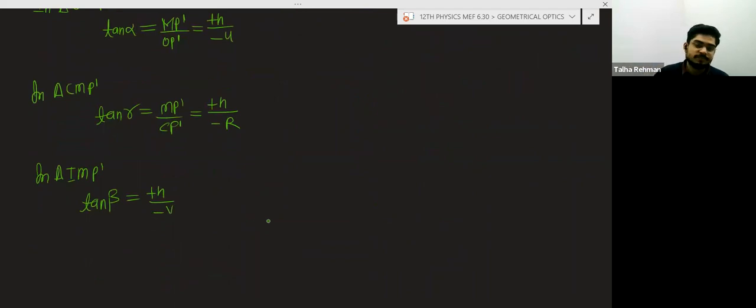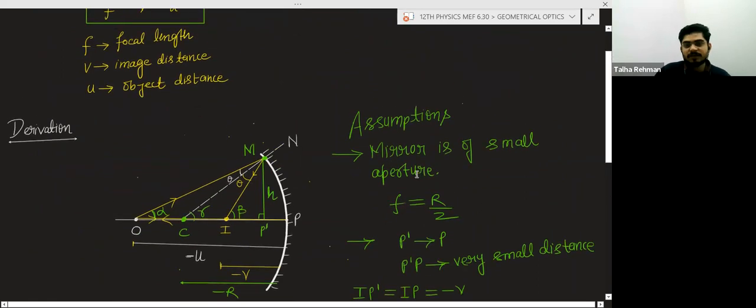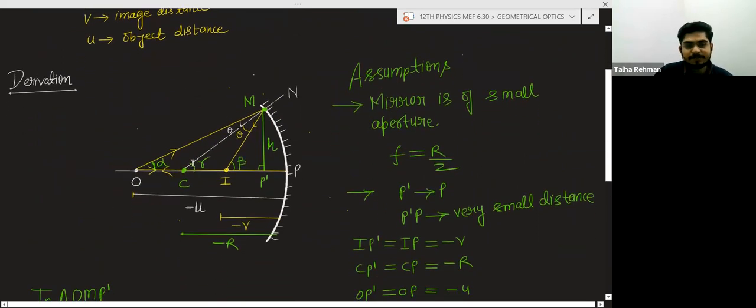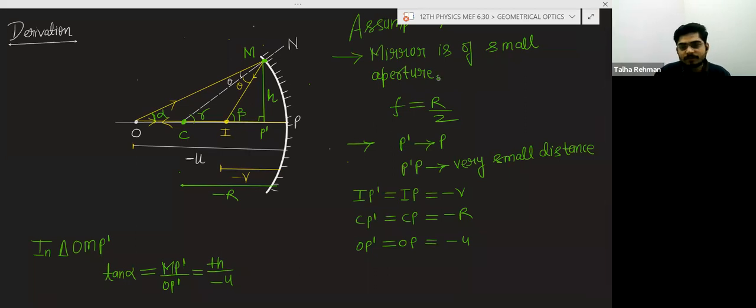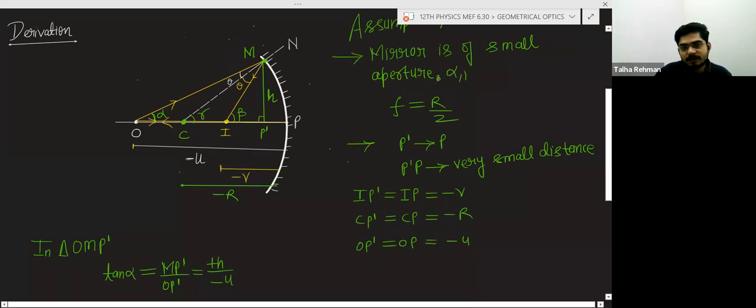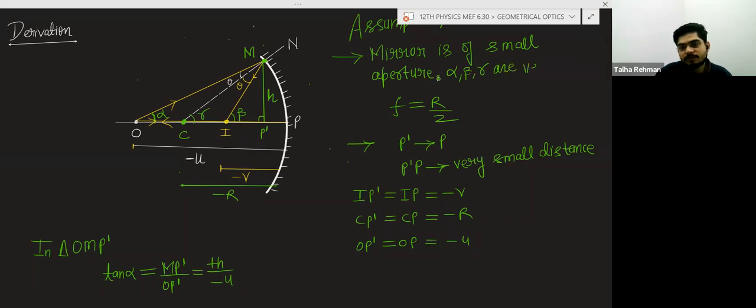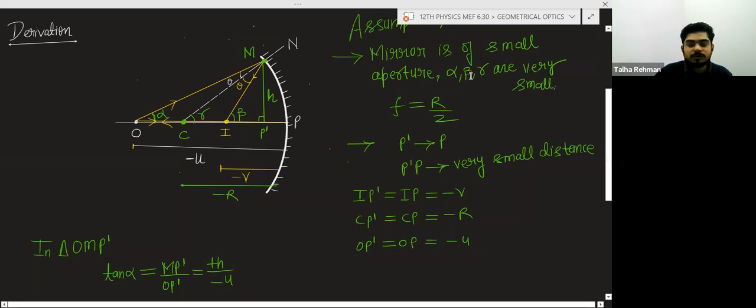Now again this assumption: the aperture is very small, so alpha, beta, gamma are very small. Due to this assumption, the mirror is of small aperture, and alpha, beta and gamma become very small when the aperture of the mirror is small.